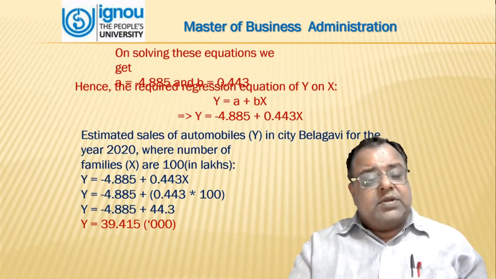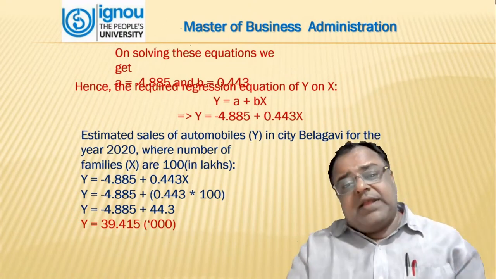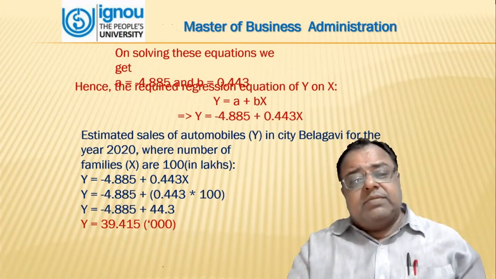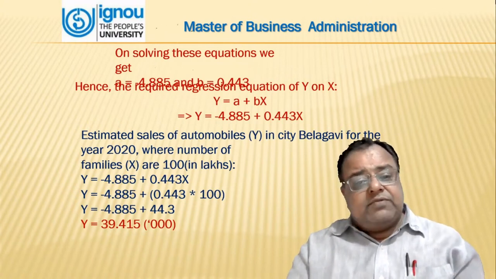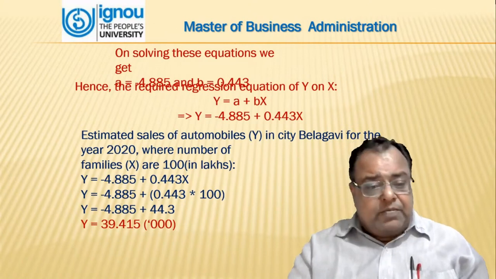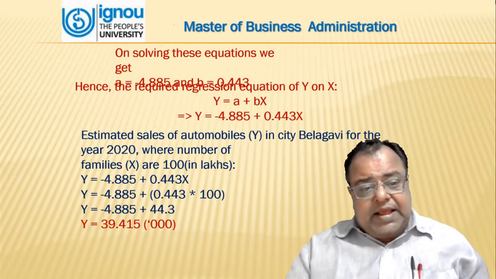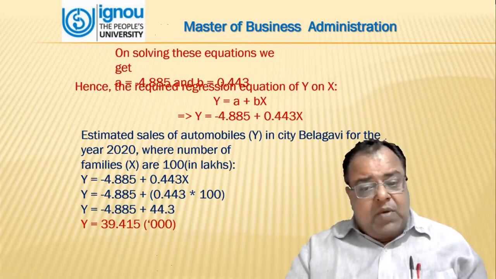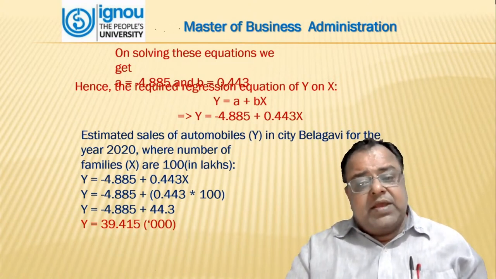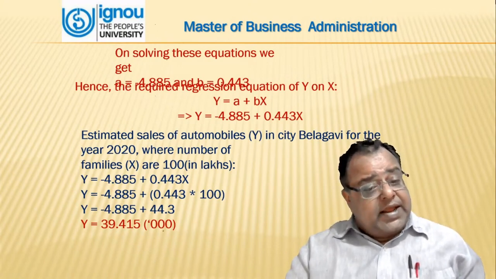Putting the values in the basic equation, that is the regression equation of y on x, y is equal to a plus bx, that comes out to be y equal to minus 4.885 plus 0.443 into x. Now, we were asked to calculate the estimated sales of automobiles Y in city Belagavi for the year 2020, where the number of families, that is X, is 100 lakhs.